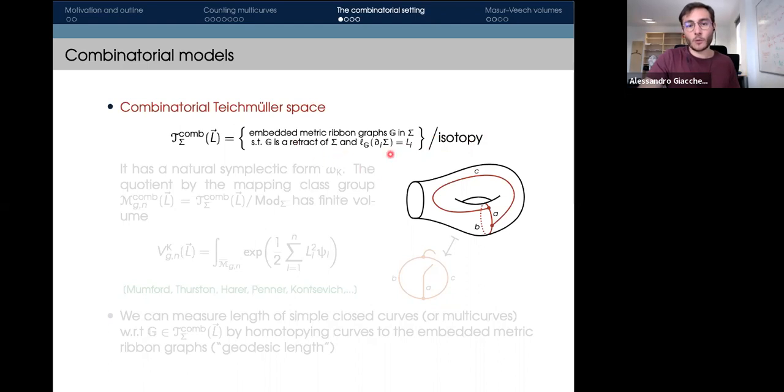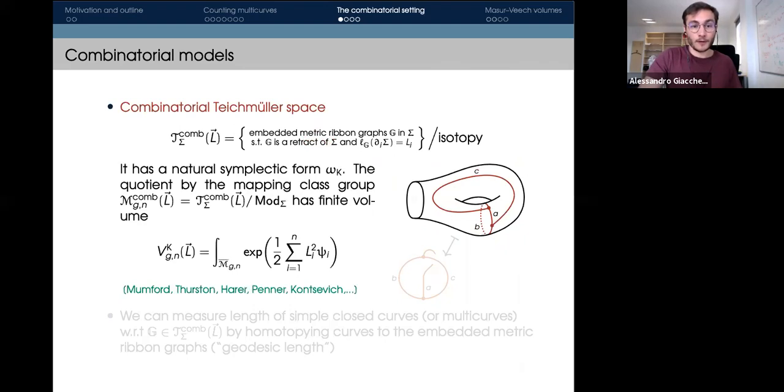So if you don't know what a ribbon graph is, it's not important. You can imagine it to be just graphs embedded in a surface, and I want them to come with a metric. So this A, B, C, they are just positive real numbers.